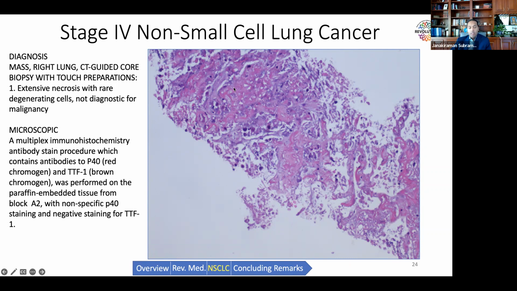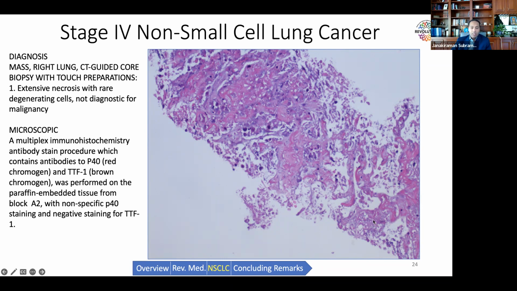As you can see, I think in one of my previous presentations, we talked about looking at pathology specimens, and blue is bad. But what's interesting here, pink is bad, blue is okay. You can see a lot of pink, but at the same time, in the center here, you can see some areas which are almost like flat layers of protein which stain pink, which is essentially the necrosis.